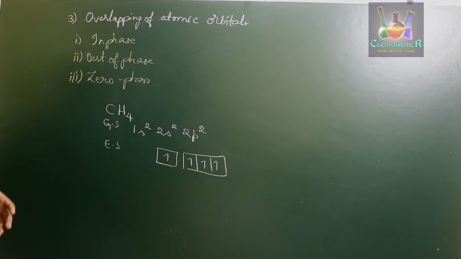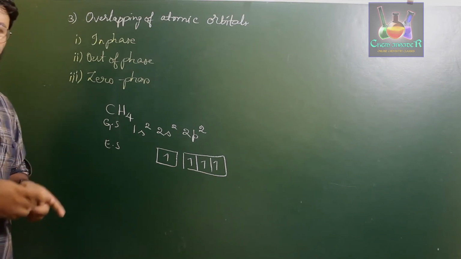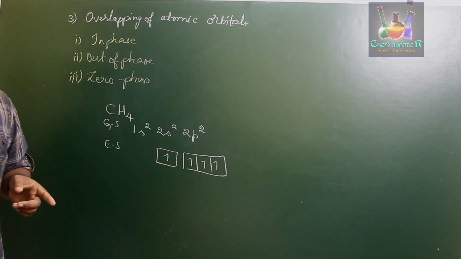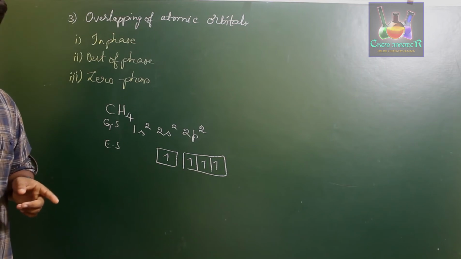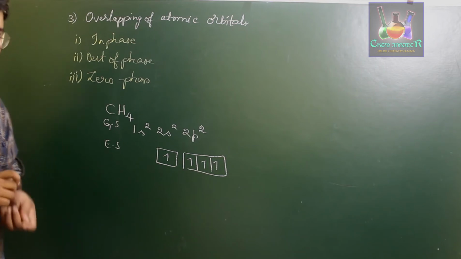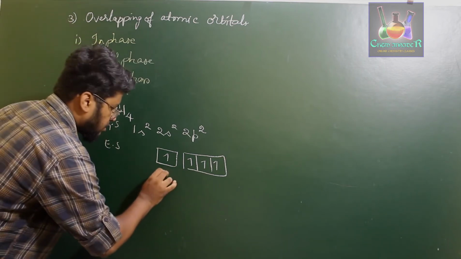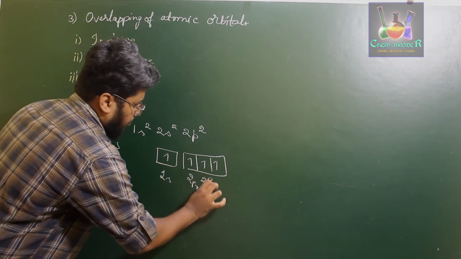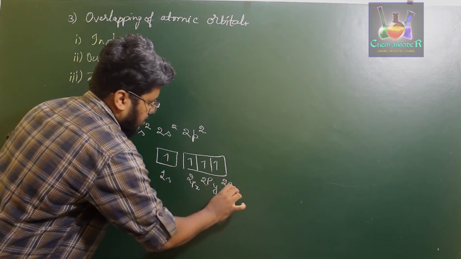For an atomic orbital to overlap with another atomic orbital, it should be half-filled in nature. If the atomic orbital of one atom is half-filled, then only can it overlap with the other half-filled atomic orbital, in order for those electrons to get paired up. Now, this is the 2s orbital, 2px, 2py, 2pz.